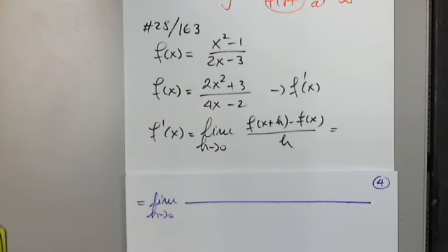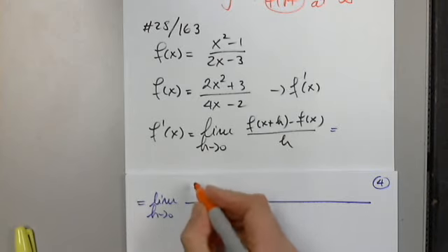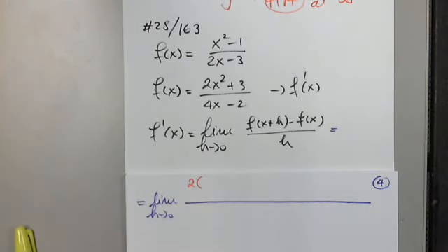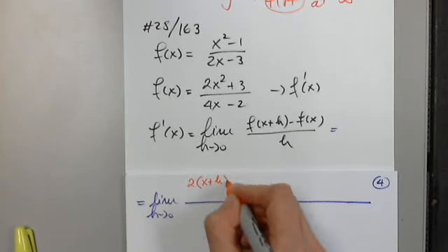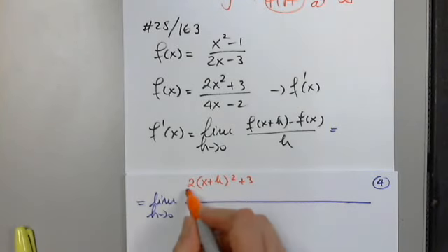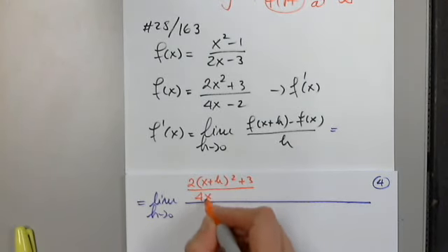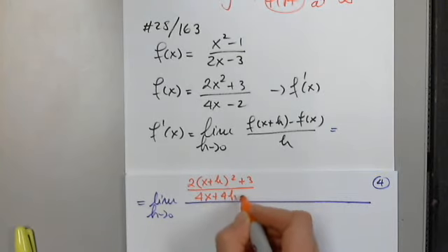Everything else would have been much easier, but that x squared messes us up. But not for long, because we will figure it out. So 2 parentheses, x plus h, squared, plus 3, over 4x plus 4h minus 2.